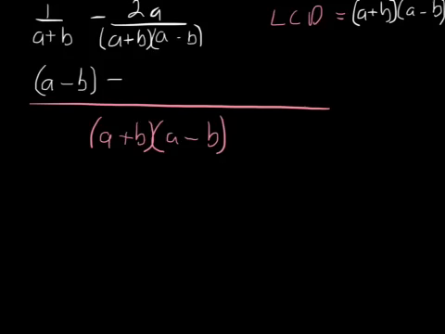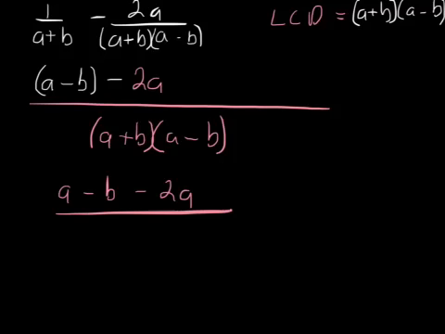Then we have the 2a, and do we need to multiply by anything? No, because this is the common denominator, so nothing needs to change. So if we want to simplify, we get a minus b minus 2a all over (a plus b)(a minus b).